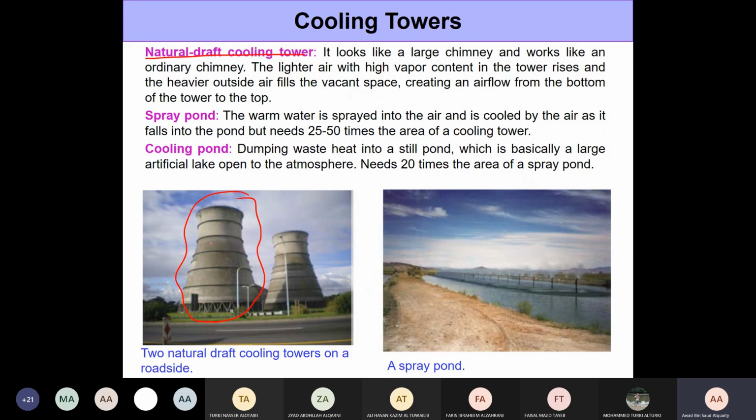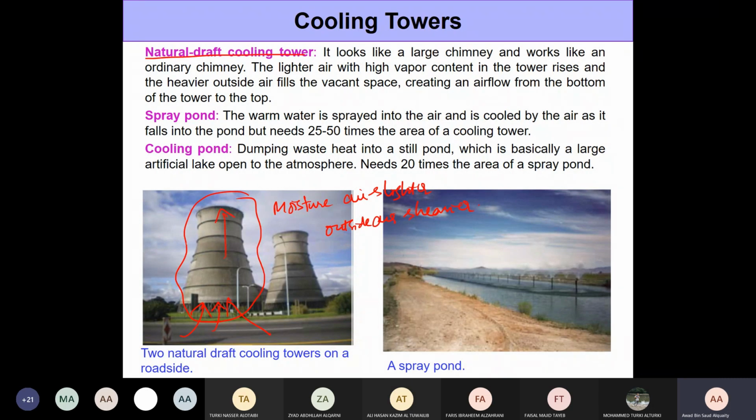It's just the shape and the fact that the moist air which is inside is lighter than the air outside, right? So outside air is heavier. Just because of this difference, we have the outside air entering from the bottom and pushing and moving through the top as it gets more and more moist.